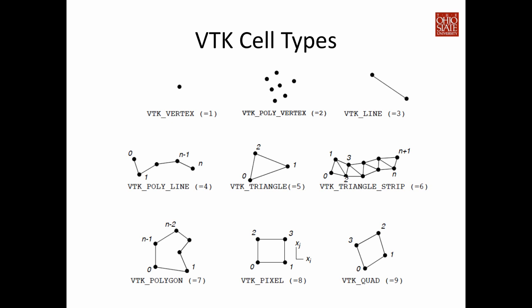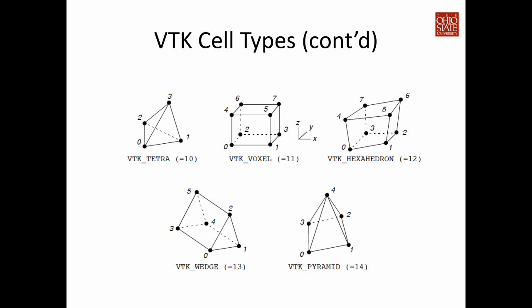For example, 1 represents vertex, 2 represents polygon vertices, 3 represents line, and 4 represents polyline, and so on. You can also have 3D cell types. They include tetrahedron, voxels, hexahedron, wedge, and pyramid.